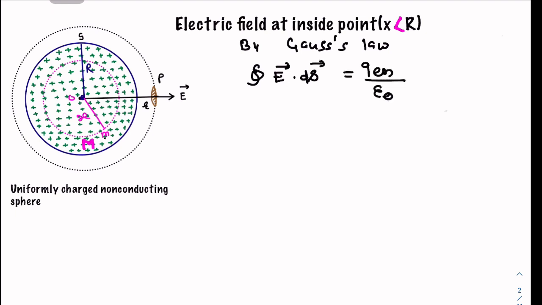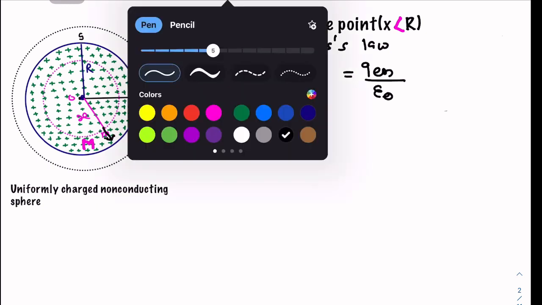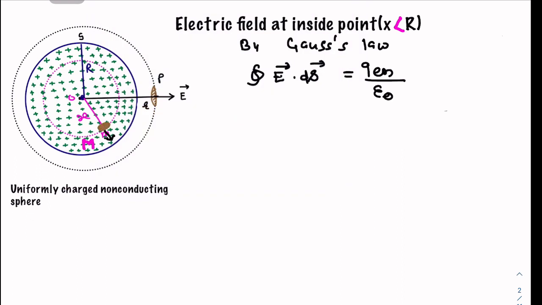Now by Gauss's law, the same equation: integration of E dot ds equals Q enclosed by epsilon naught. Again, the electric field intensity at the point is E, the small area is ds, and the normal to the small area is parallel. Therefore, E dot ds has cos 0, which is 1.